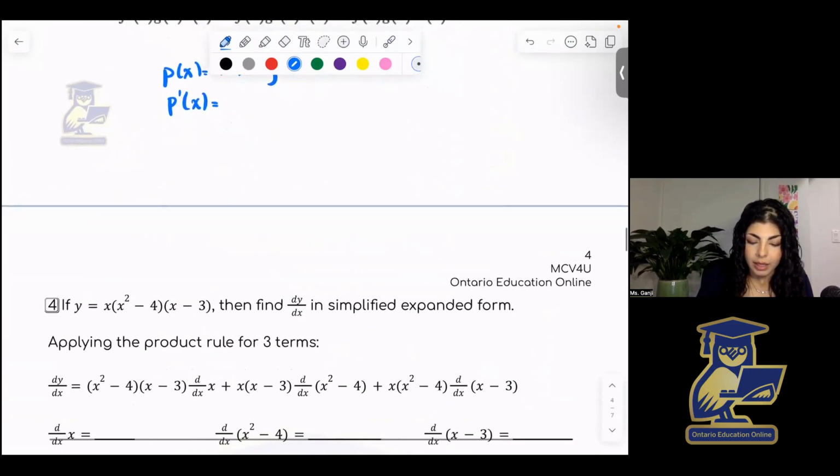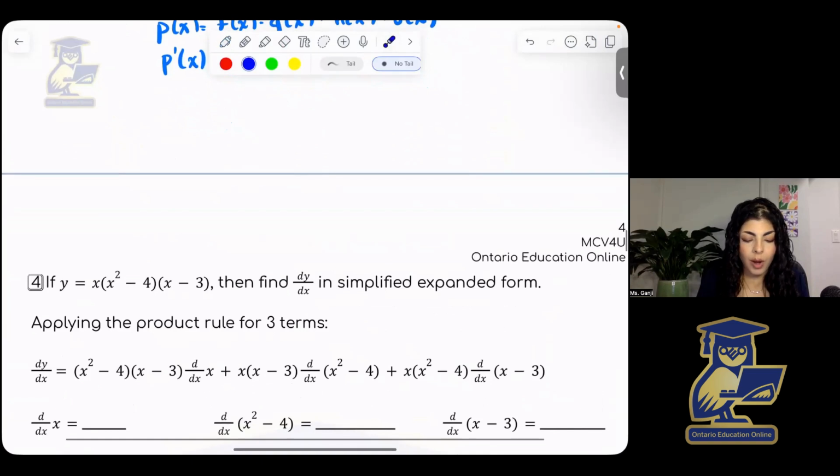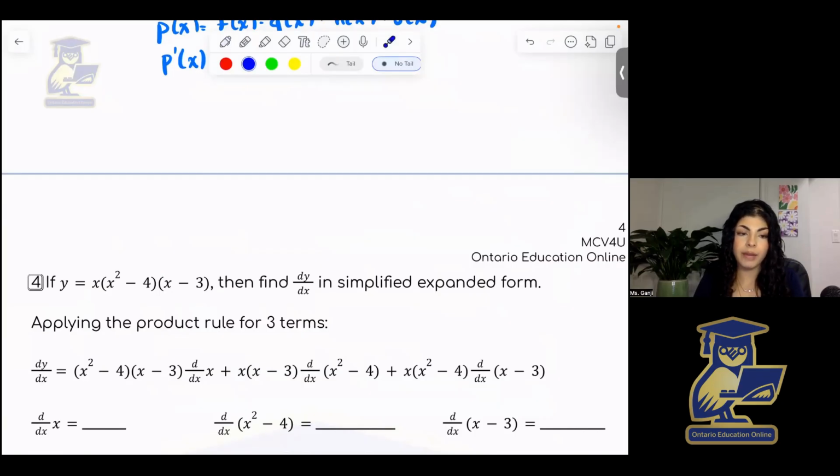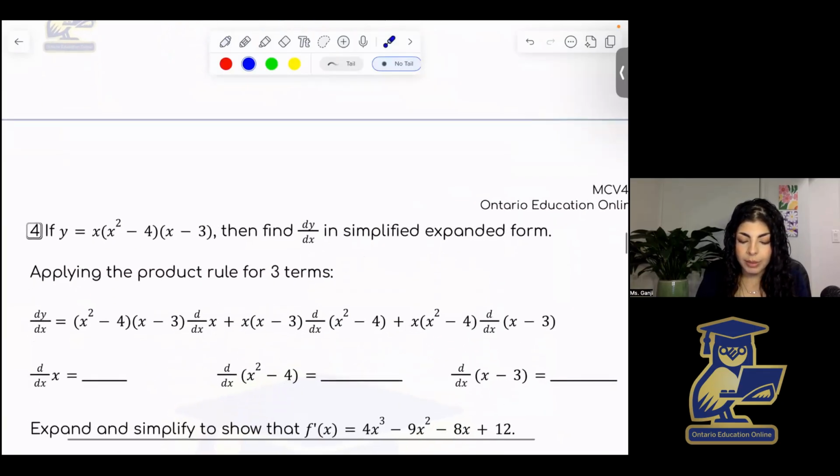Now, here we are given y equals x times x squared minus 4 times x minus 3, and we're asked to find the derivative in simplified form. So here we're just applying the product rule for the three terms. So we're just practicing the product rule for a function with three products.